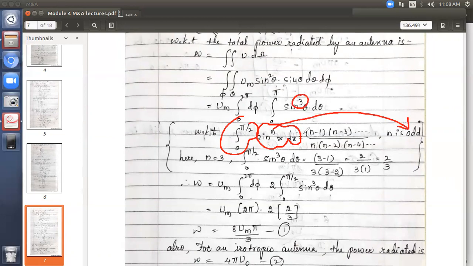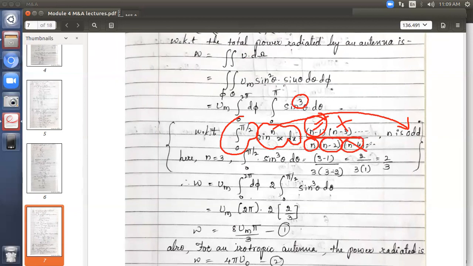That time you can apply this formula, n minus 1, n minus 3. This is a general formula I have written for n. You can substitute whatever n you have. N is 3. So accordingly you can substitute 3 minus 1. 3 minus 3, 0. So don't consider, only consider first value divided by 3 into 3 minus 2 is 1 into 3 minus 4 is minus 1.